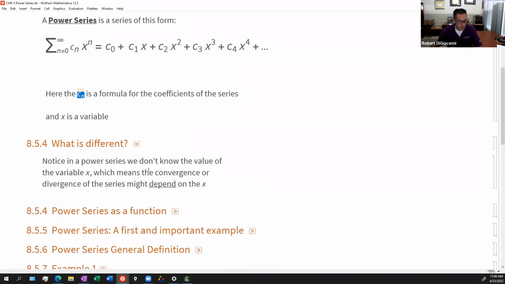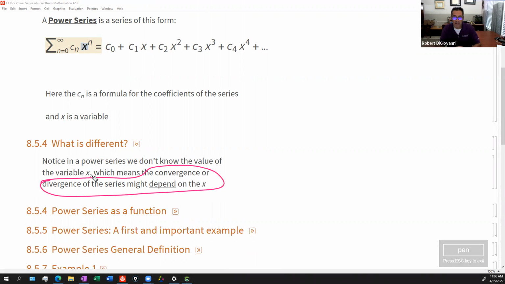I think I just pointed out that with our power series, we don't know what x is, right? X is a variable here. X could be different values. And since we don't know the value of x, it's not given to us, we actually don't know whether we're going to get convergence or divergence for this series, because I can only determine convergence and divergence if I have a bunch of numbers added together, right?